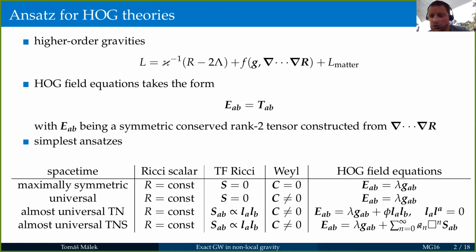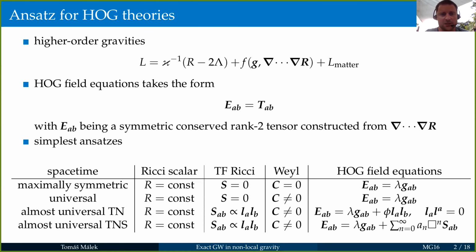So it's just box on the trace-free Ricci tensor. So this allows us to, and as you can see, for almost universal spacetimes, these rank 2 tensors are compatible with the energy momentum tensor corresponding to null radiation, which we will employ later.